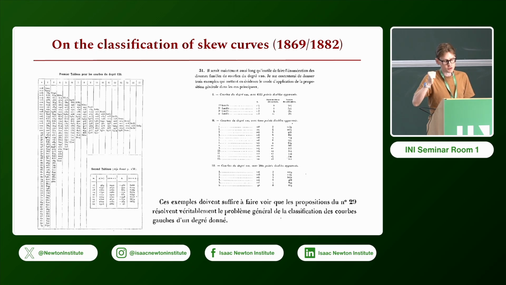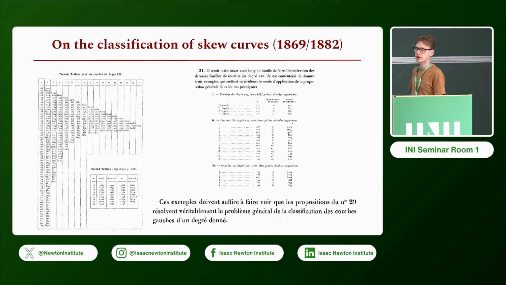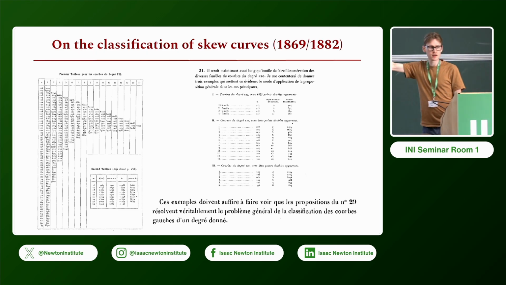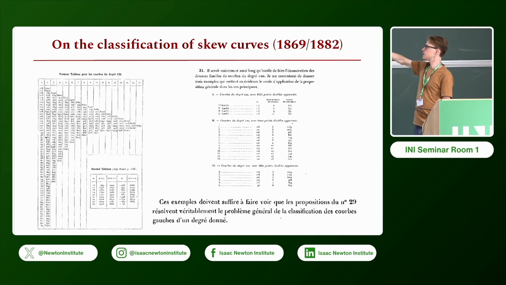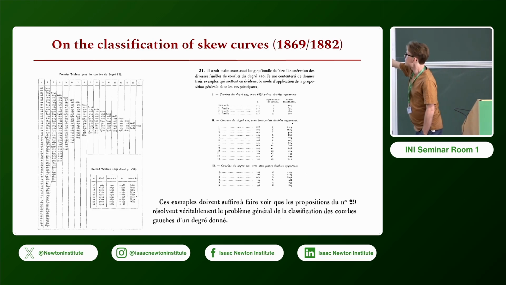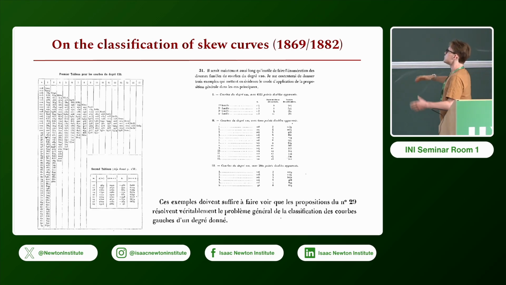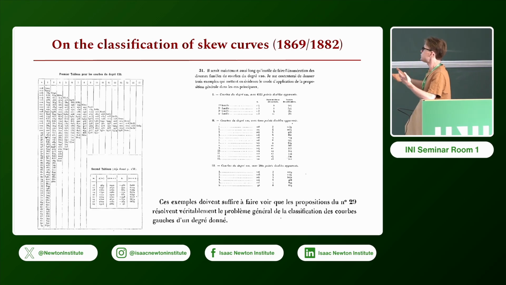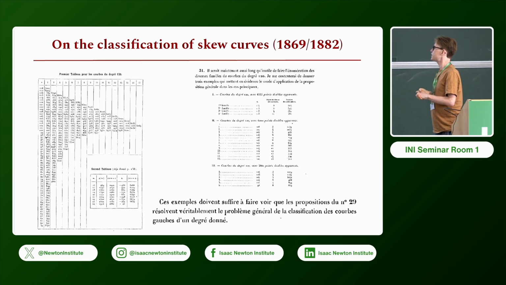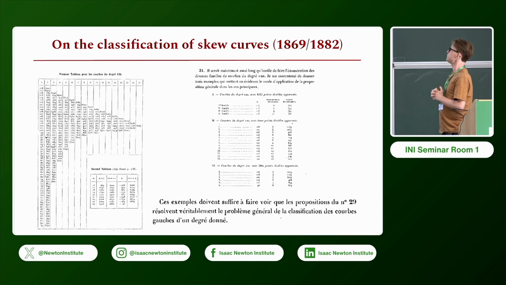And in order to really stress the point, he jumps from 9 to 120, and he shows how he was able, on his own, to compute this crazy classification for curves of degree 120. Very complicated, and so giving these examples should suffice to demonstrate that the theorems I have proven truly solve the general problem of the classification of skew curves of a given degree.